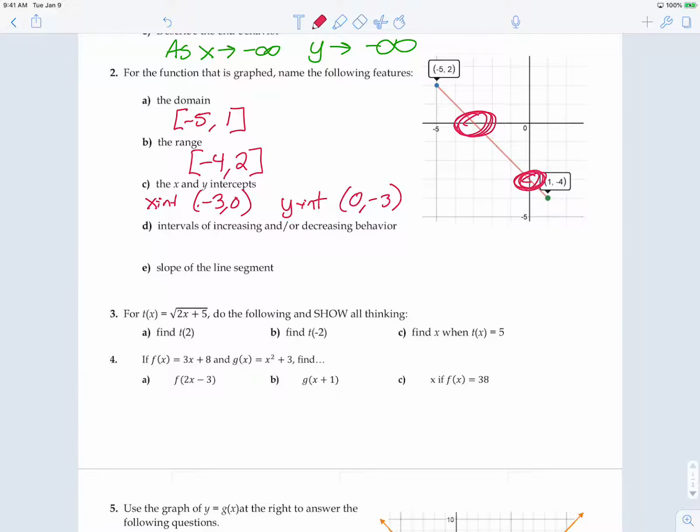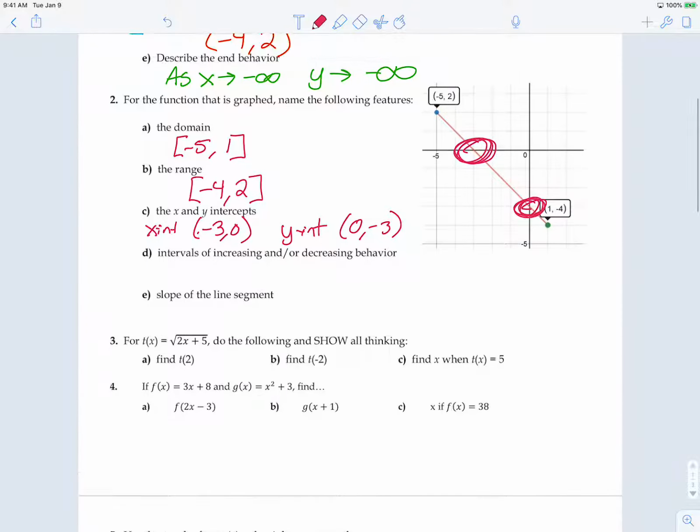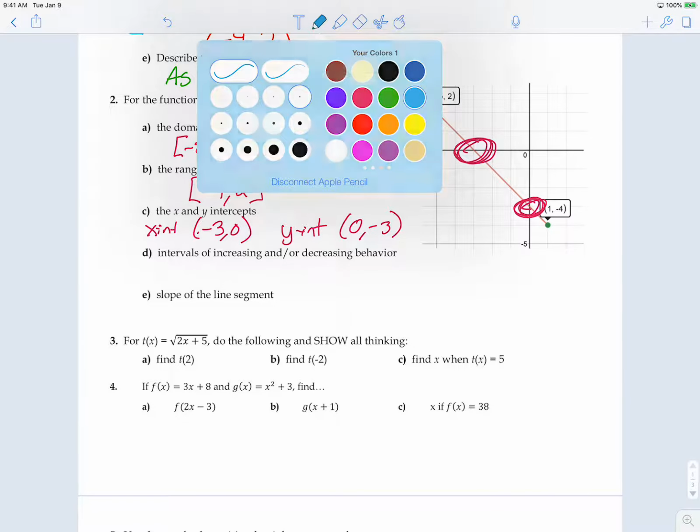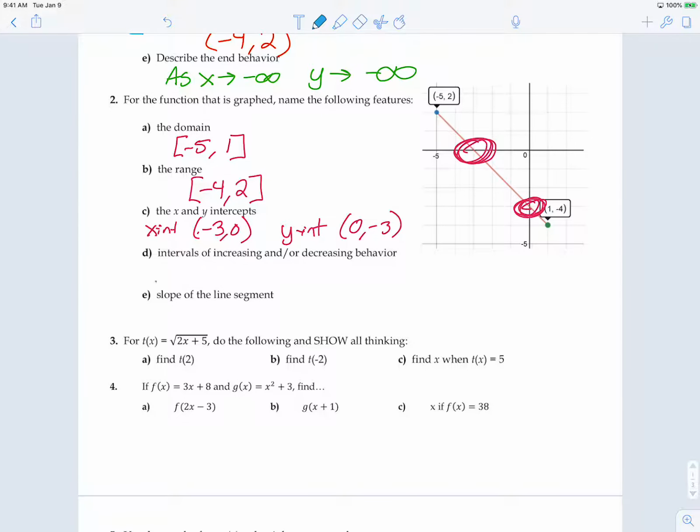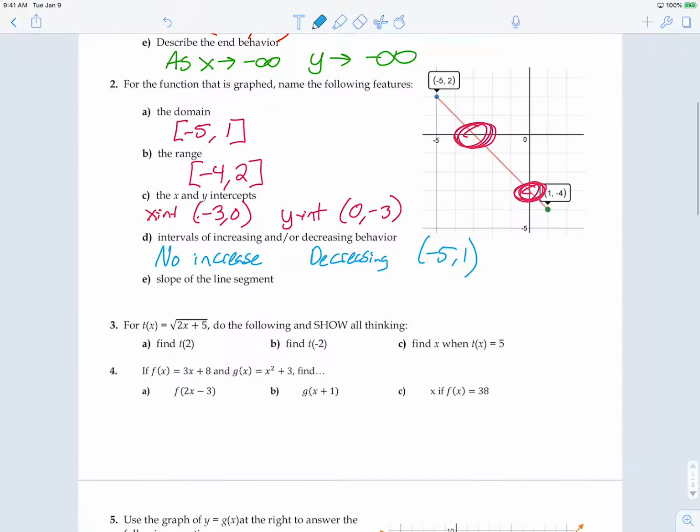So if you're going for a hike or what have you, make sure you can also say what they mean. The intervals of increasing or decreasing. There is no increasing. It's not going up in any part of that graph. The decreasing is from negative 5 to 1. And again, parentheses because you don't count the endpoints.